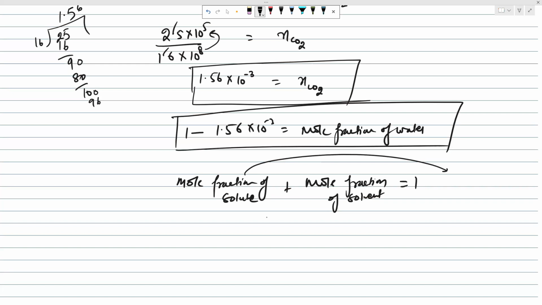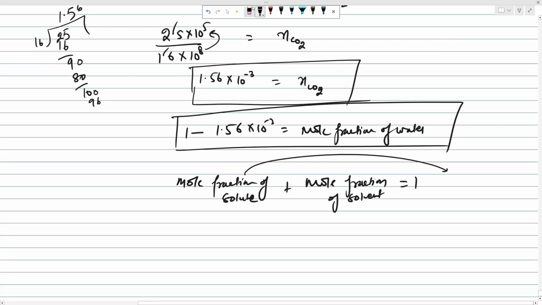This is the mole fraction of CO2, the solute. So you will get the mole fraction of water. You will get this value as very less because it is 10 to the power minus 3. So we will simply say that the mole fraction of water is very, very large in comparison to this one. You understood now? Now we need to find out the actual mass of CO2.